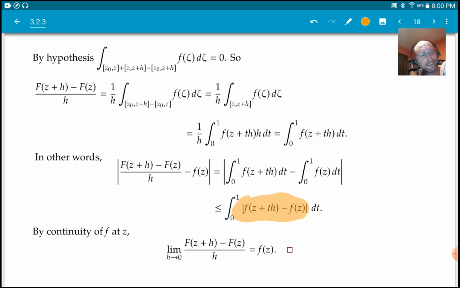I'm just looking at the values of f on this little interval. But just the delta epsilon of continuity will make this work, right? So by the continuity of f, I get that the derivative of capital F is little f at z, right? And so we're done.